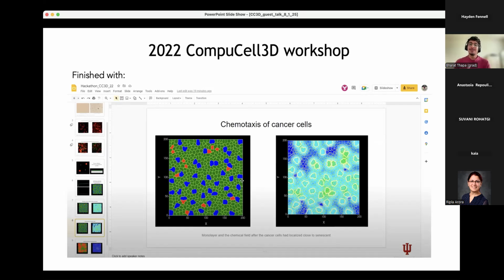But it started with just 2 cells sitting there doing nothing. And then by the end of the hackathon, with a lot of help from my friends, a lot of help from CompuCell 3D TAs, as well as people around me, I was able to get cells dividing. I was able to get cell types associated. I was able to get one cell to secrete something and the other to take up something. So all of these things were going on. And I feel like you guys can do that too.